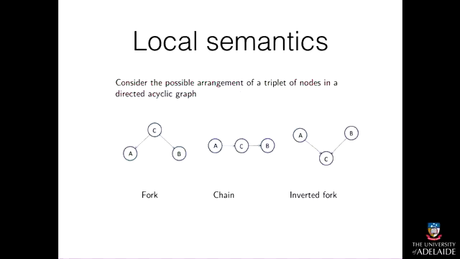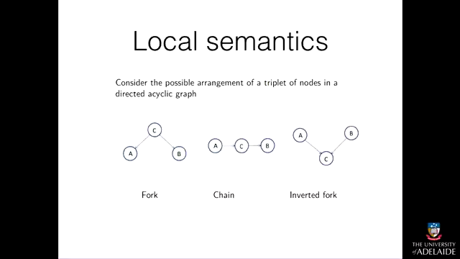A has no child, right? And A has one parent, C, and C is given. Because it has no child, there are no children's parents. So in this case, A is conditionally independent of the remaining world. So we know A and B are conditionally independent given C.